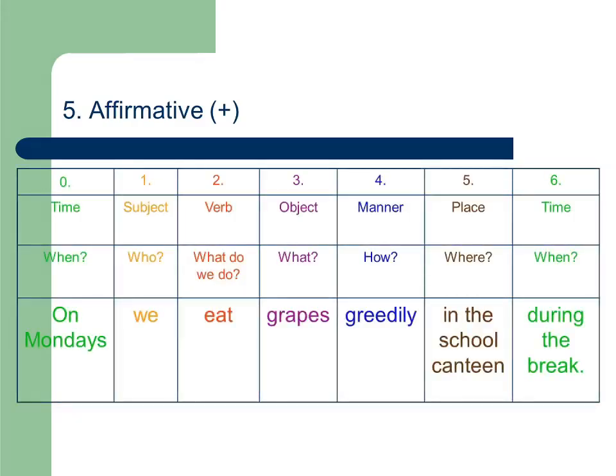Next, what is added here? Here we have added the manner. In the earlier slide, you have just seen that subject, verb, object, place, and time. But here the fourth one is manner. Here you look at the example. On Mondays we eat grapes greatly in the school canteen during the break. So the word greatly we just added in between object and place.